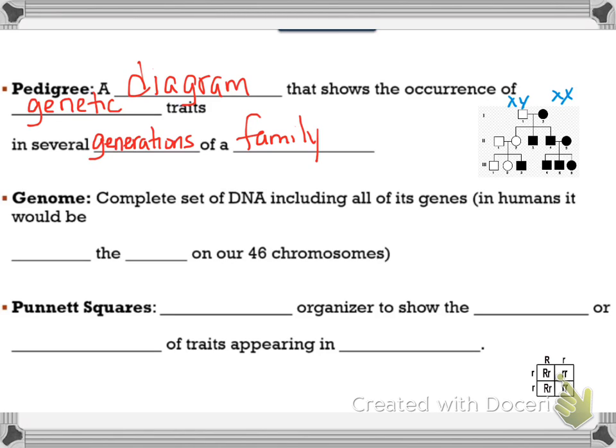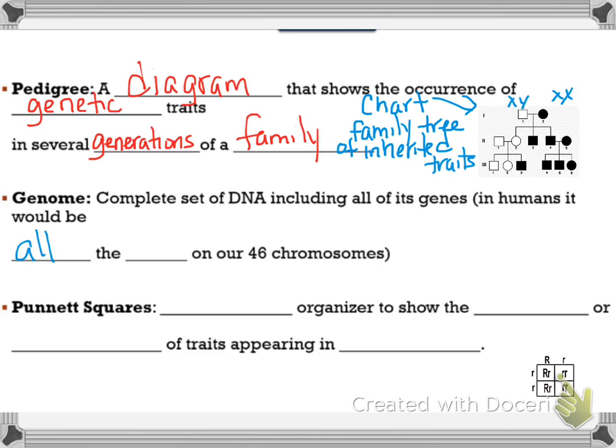And so basically it's a family tree, or a chart that shows the family tree of inherited traits. So if you were tracking a trait, you would see if it was on the male side or the female side, or the mom or dad, and who's got what trait.